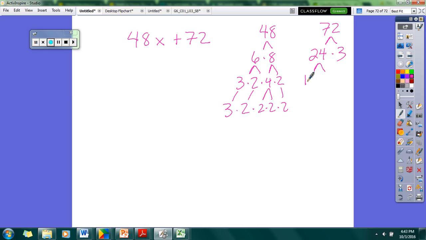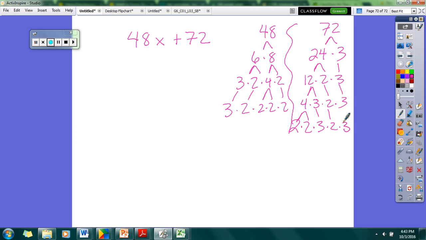And then it's going to be 12 times 2 times 3, followed by 4 times 3 times 2 times 3. Last one, 2 times 2 times 3 times 2 times 3. So if you're struggling on that, definitely go back to the prime factorization video.